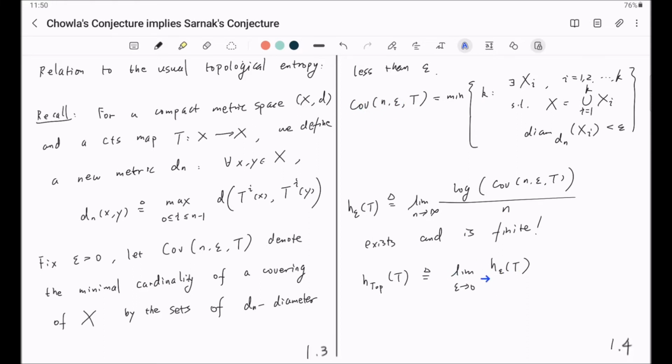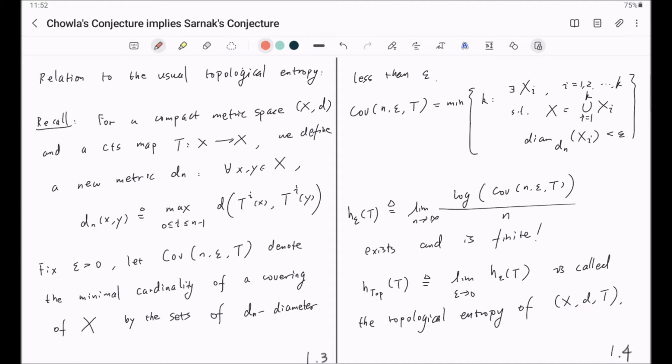So this limit makes sense. So this is called the topological entropy of the dynamical system (X, T).